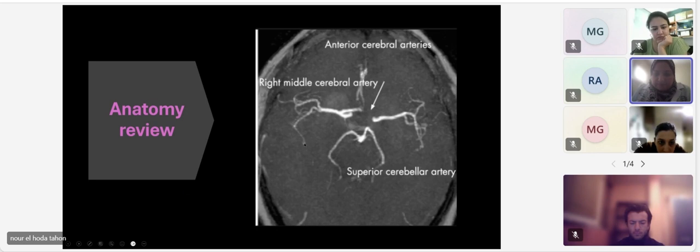Okay, and here is another image so you can memorize it. Maybe here the anterior cerebral is hypoplastic, so we cannot see it. And in this angio, you can see the blood vessels very well, and the brain tissue is suppressed.